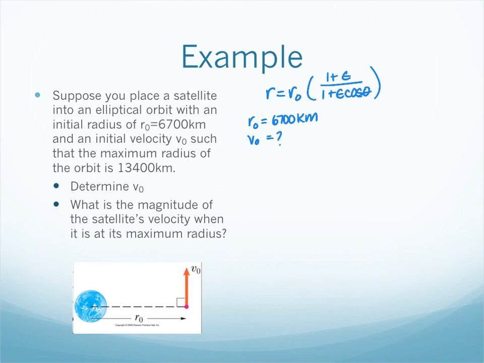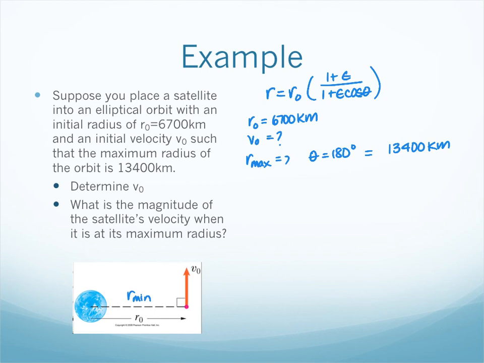We're going to try to figure that out. And the maximum, r max, is when theta equals 180. So we started off with the r min, which was its r naught, at its closest approach. But what is it when it's furthest? We say that that is going to be equal to 13,400 kilometers. So we know those two values.